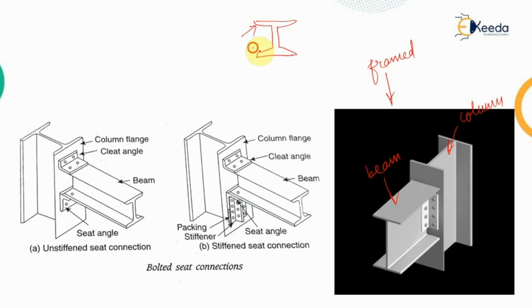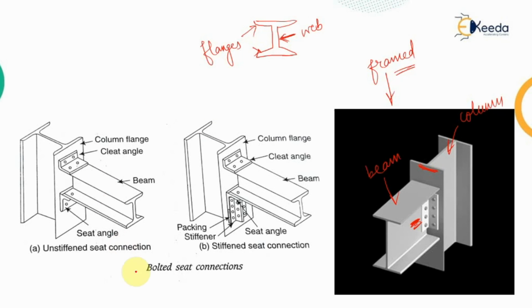For this I section, these 2 positions are known as the flanges of the I section, while this vertical portion in the middle is known as the web of the I section, or web of the beam section. So when the web of the beam is connected to the column flange, that type of connection is known as the framed connection. That was the definition of the framed connection.